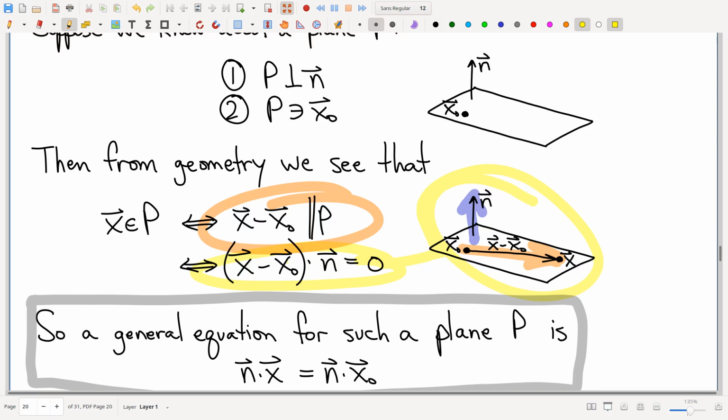Yeah? X naught is just a point? Correct. And x is a point that I'm testing to see if it's in the plane. I'm confused why you put the vector notation over x naught. Right.